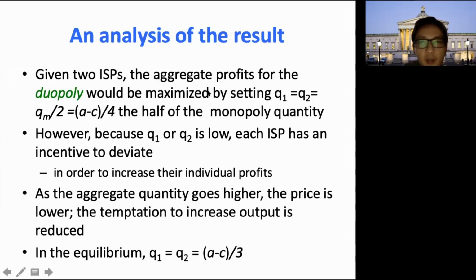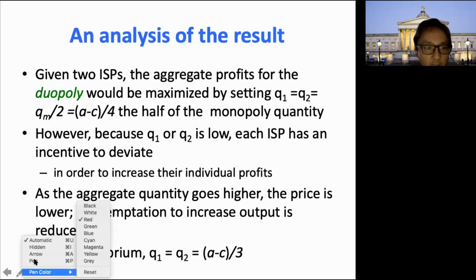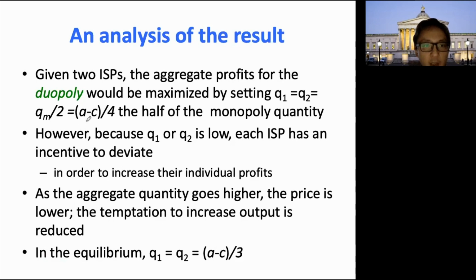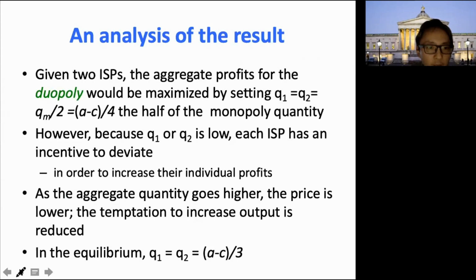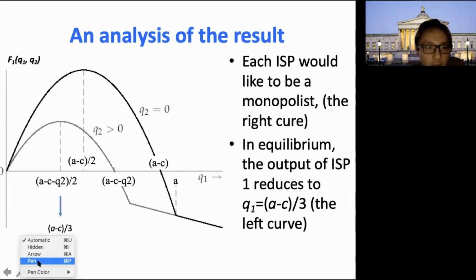If you consider it as a single agent trying to maximize Q1 plus Q2, let's say just looking at social welfare as we discussed, then you will end up with this solution, where each of the players would have the quantity (A minus C) divided by 4. So basically somewhere here, and this is actually optimal socially.